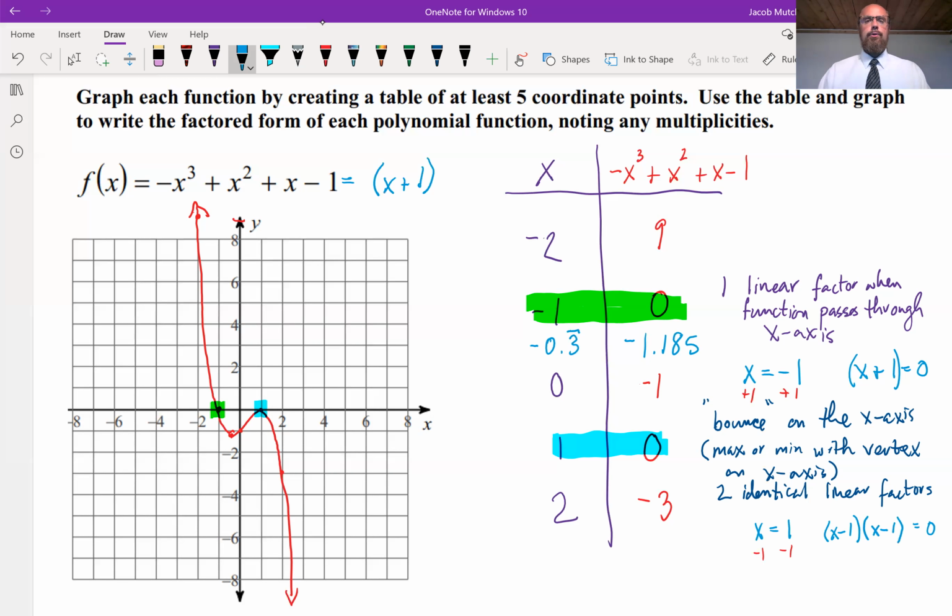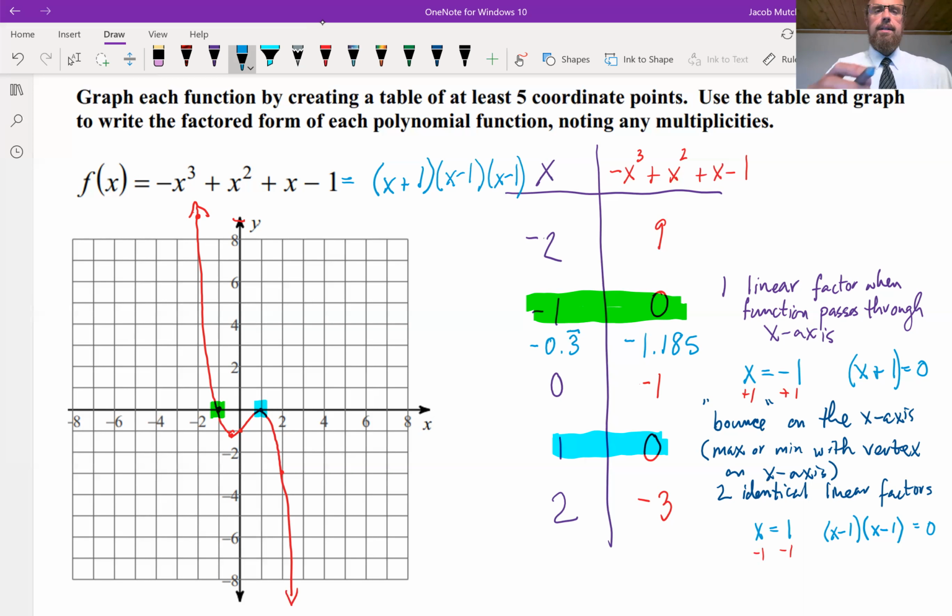And that's true anytime you see a polynomial function that does that at a 0, where it hits the x-axis and bounces back, doesn't actually cross through. And what I would do is I would go ahead and write that x minus 1 duplicated. So I'm running into my table there, but that's the factored form for this function, x plus 1 times x minus 1 times x minus 1. And notice that we got those factors from our graph and our table just by looking at where the graph crosses the x-axis.